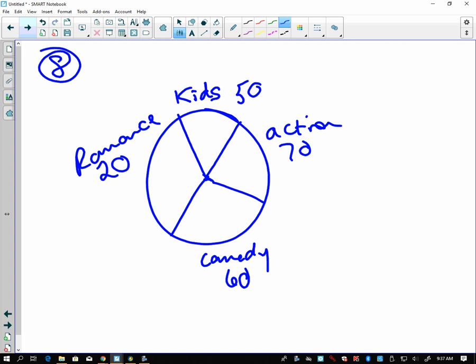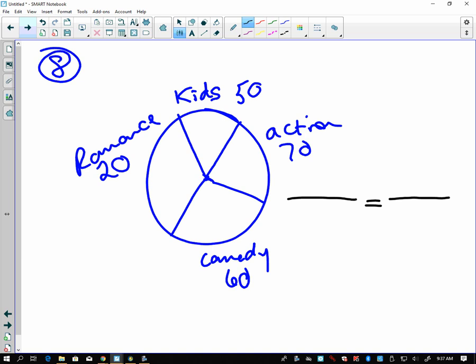Okay, so these are just, they rented 50 kids movies, 70 action movies, 60 comedy movies, 20 romance movies, right? All right, we want to know what percent of movies rented were action movies. Okay, so we're going to set up a, what? Proportion. Okay, all right. We're solving for a percent.